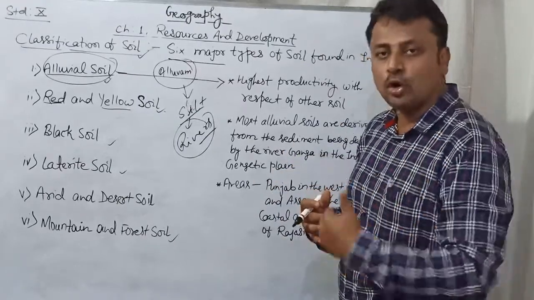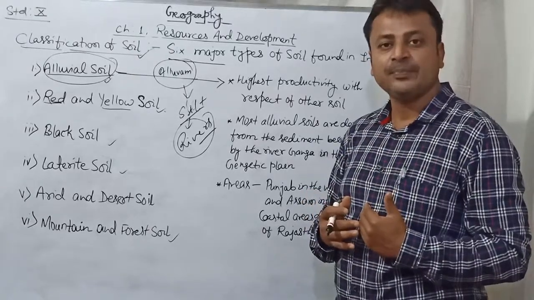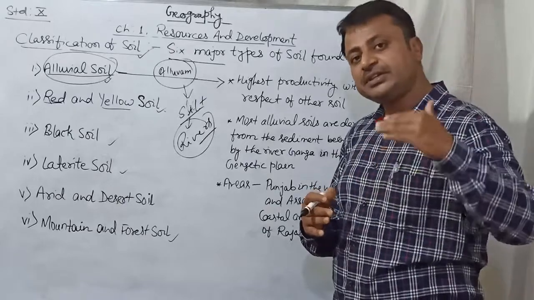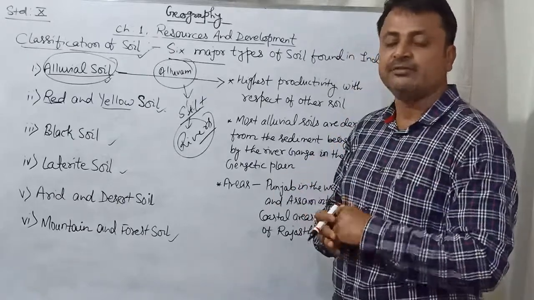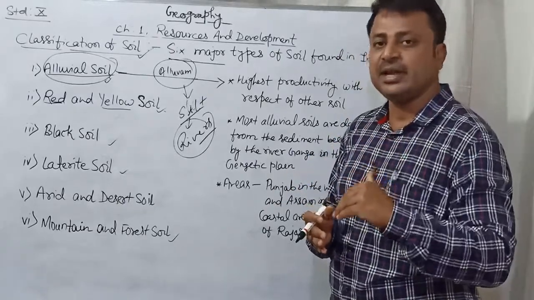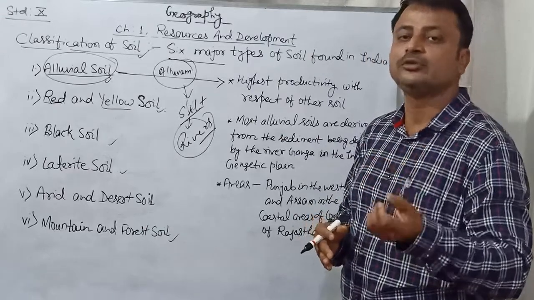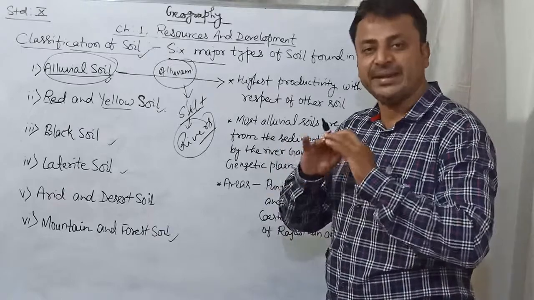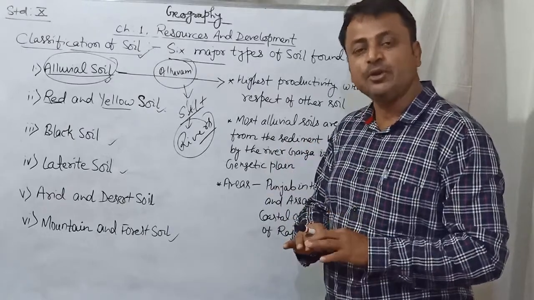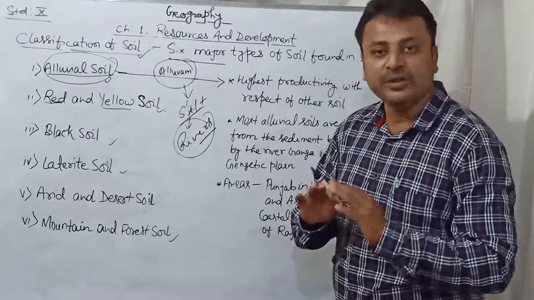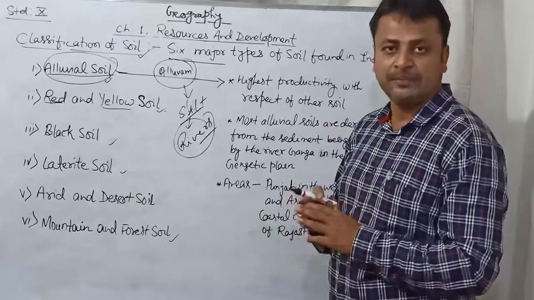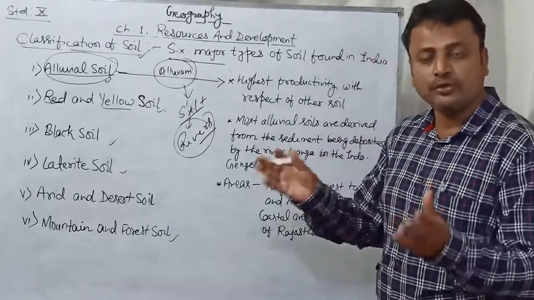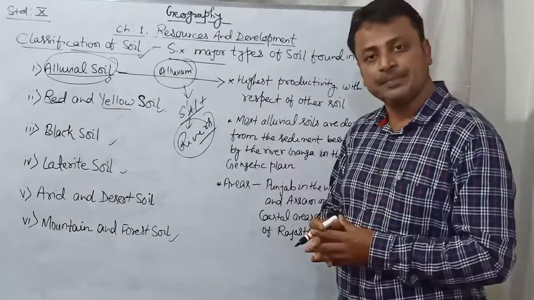Due to the erosion of the rocky materials, rivers carry those particles, and once a river enters into the plain, its velocity decreases and its load carrying capacity also reduces. Now the river starts depositing those materials at the foothills of the mountains, and this is called alluvium, and such kind of deposits are called alluvial soil.